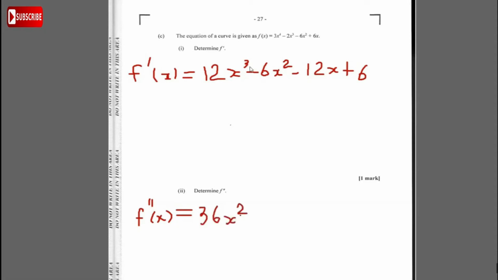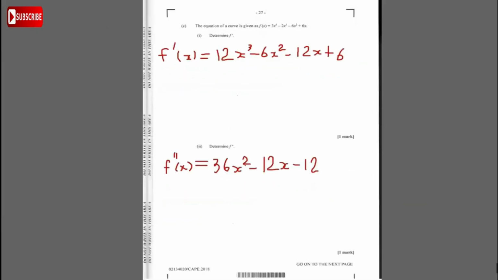Then you differentiate minus 6x squared, you get minus 12x. Then you differentiate minus 12x, you get minus 12. Nice. All right, 36x squared minus 12x minus 12. Good. So we found the first and second derivative.